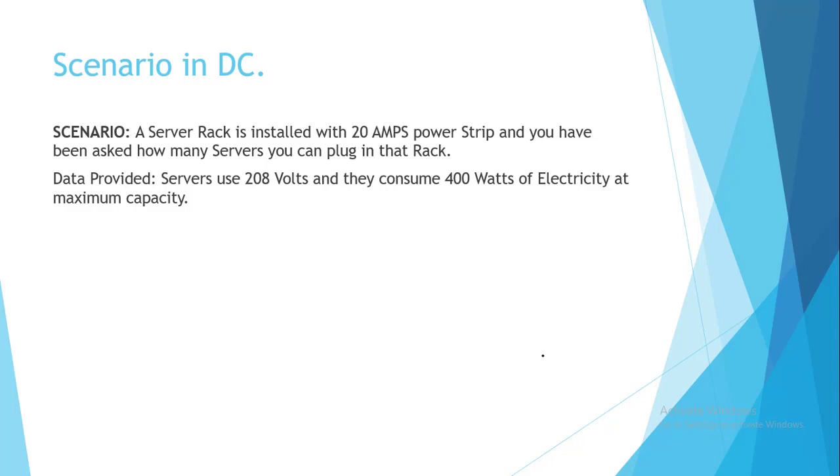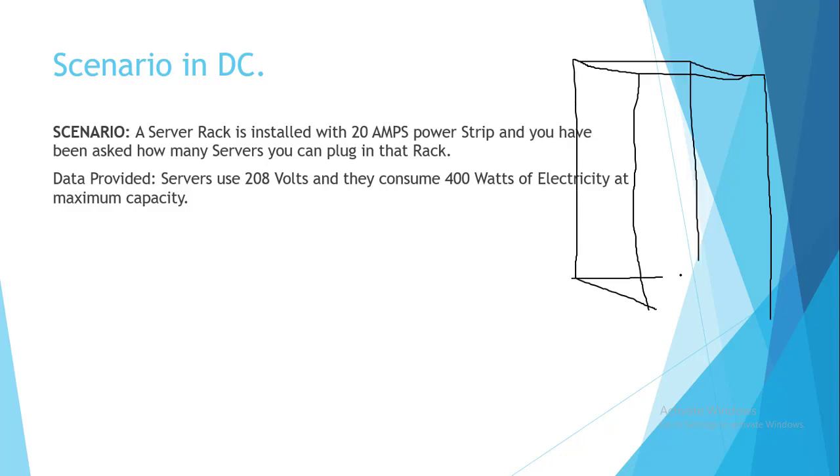To make this task simpler, I'll explain what exactly the question is. Assume this is a rack in your data center. This is the front side and this is the back side.